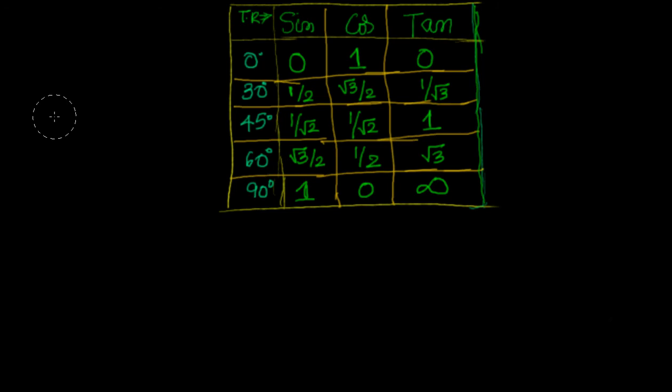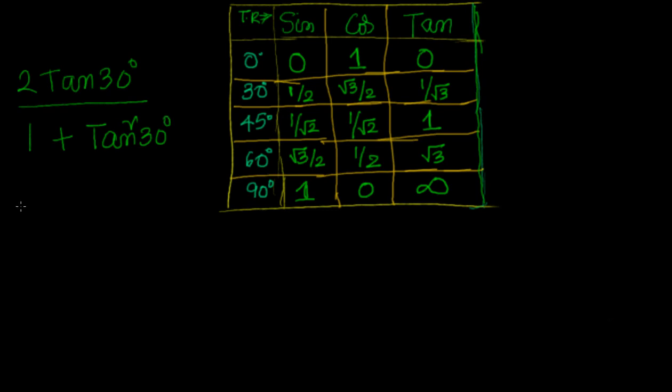Let us do this one. What is 2 tan 30 by 1 plus tan square 30? What is 2 into tan 30? Tan 30 degrees is 1 by root 3, by 1 plus tan square 30. Tan square 30 we have seen already: 1 by root 3 whole square.